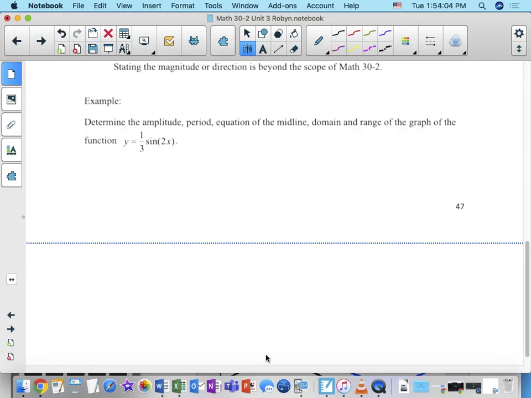Okay, so what you may want to keep in mind here is that generally these functions look like this. And remember, you're not really responsible for C, so just leave that out, because there's no C value given to you. Okay, what does A tell us?